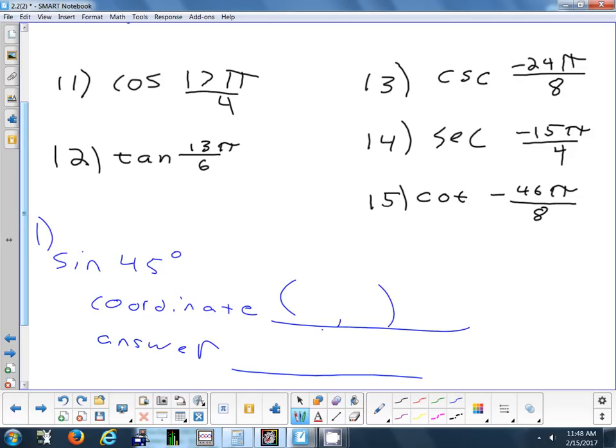I'm looking for what is the coordinate for 45 degrees. That's the first thing. The answer is once you have the coordinate, tell me the sine. So in this case, you'd be looking for the x value or the y value. The y. So what goes on the answer line is the y value of the coordinate. And that's exactly how it's set up on the test. Coordinate and answer.